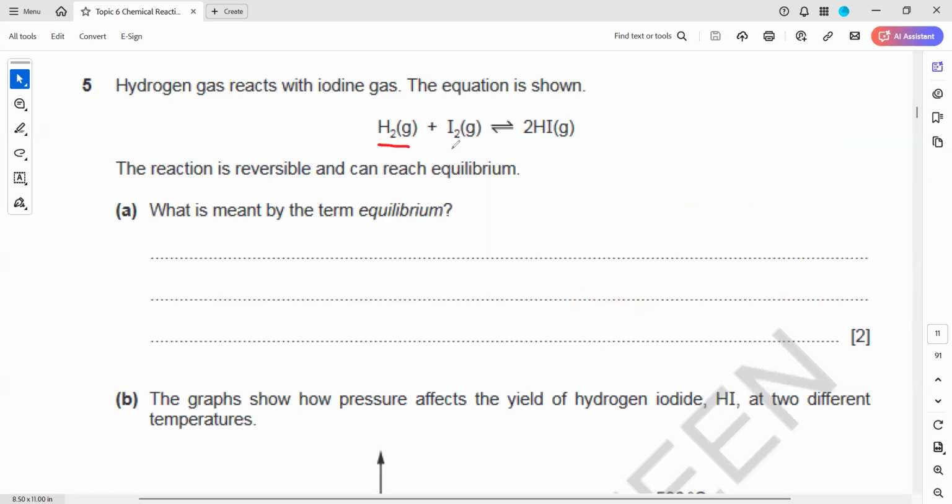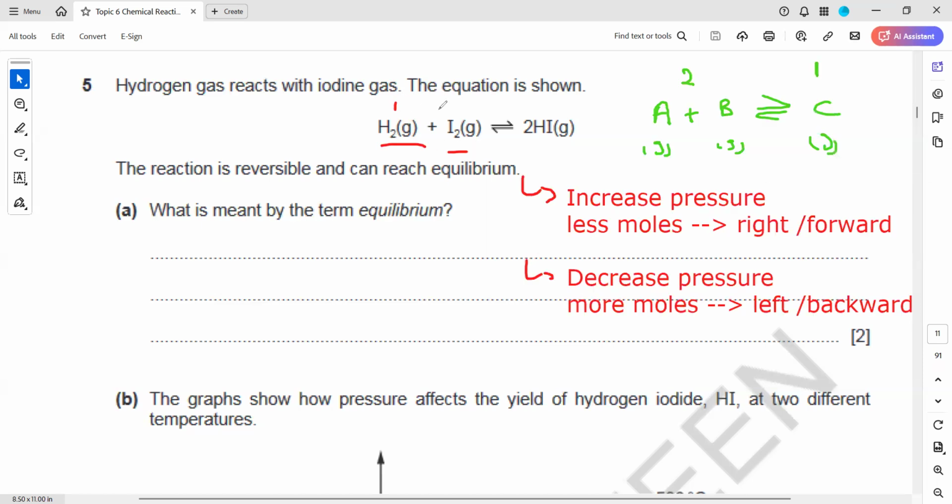As you can see here, we have 1 and 1, so total 2 moles of gas, and 2 moles of product. Whenever you have an equal number of moles of reactant and product, that type of reversible reaction is not affected by changing pressure. Even if you increase or decrease the pressure, the equilibrium will not shift or change.